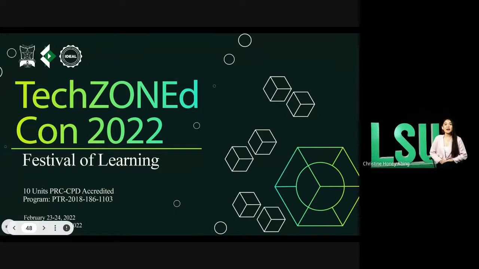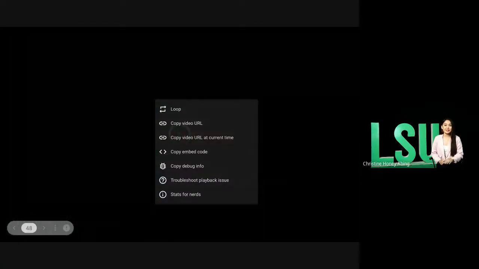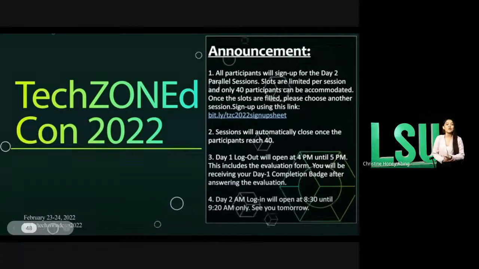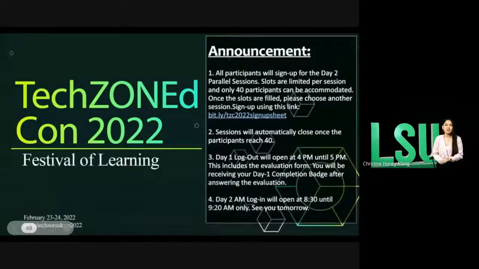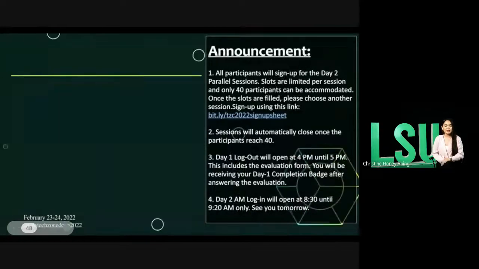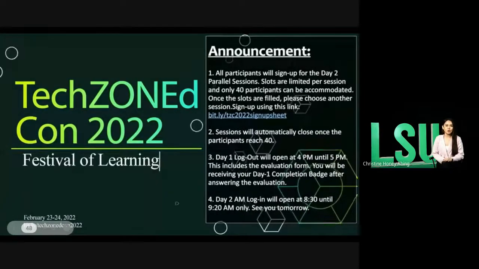We would like to announce that for tomorrow's parallel sessions, all participants will sign up in advance to ensure that they will be equally divided for the day 2 parallel sessions. Slots per session are limited to only 40 participants per session. So once the slots are filled in one session, please choose another.